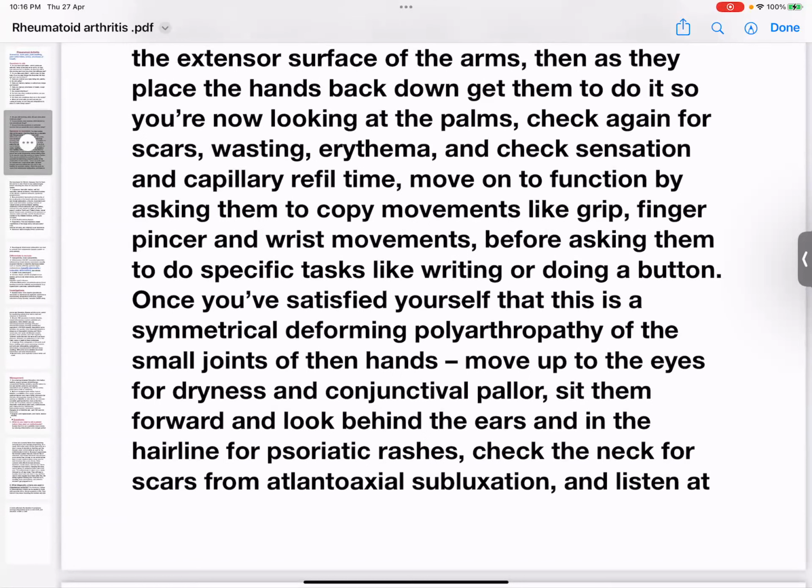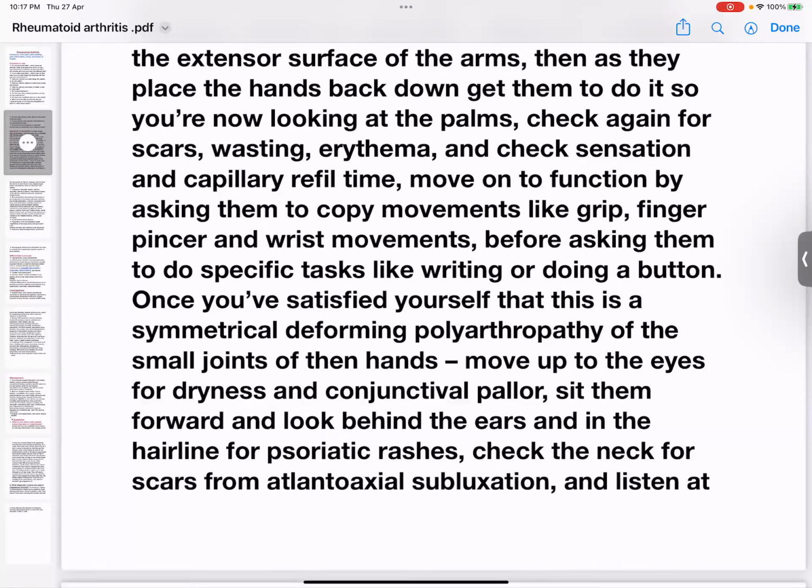Then examine the movement, passive, active, and skilled movement. Feel for the temperature, feel for tightness of the skin, pinch the skin, and feel for the tightness in scleroderma or sclerodactyly.